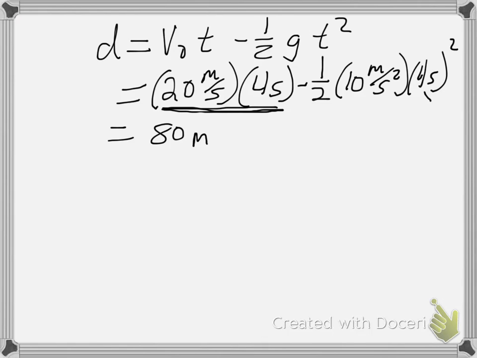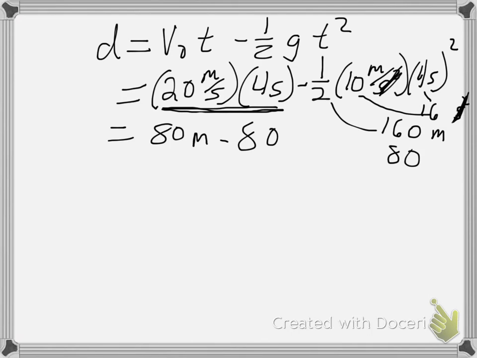And 4 squared is 16. 16 times 10 will be 160. And our seconds squared will cancel out with our seconds squared. So we're left with meters. And 160 times 1/2 is going to be 80. So 80 minus 80, we do in fact get 0. So we see that after 4 seconds, the object has returned to the exact same height that it was initially.